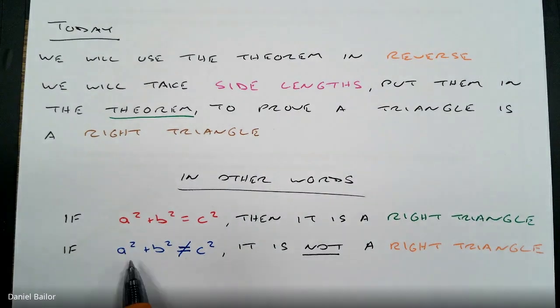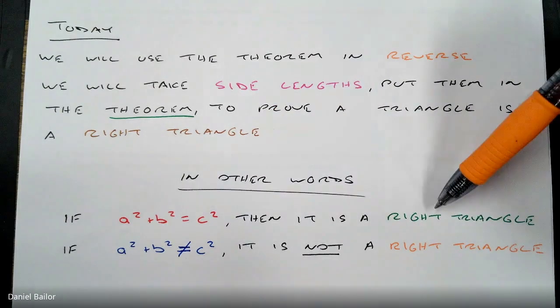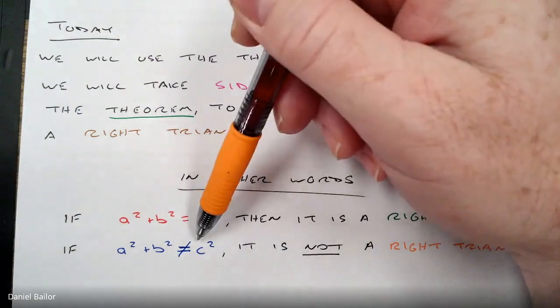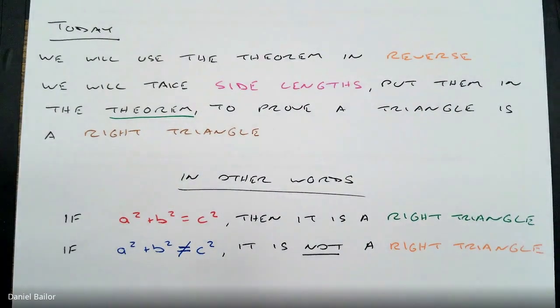If the Pythagorean Theorem does not work, that little equal sign with a slash means it is not true, it does not work. If it does not work, it is not a right triangle.